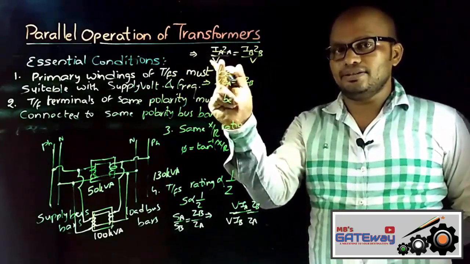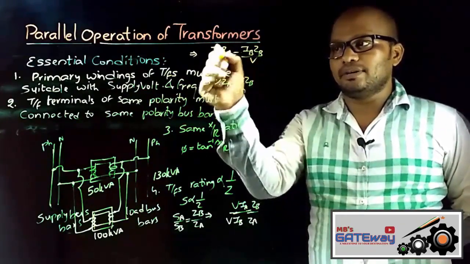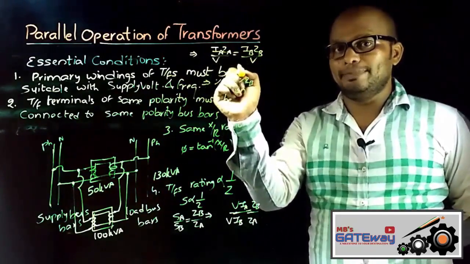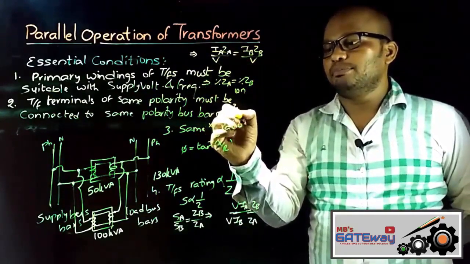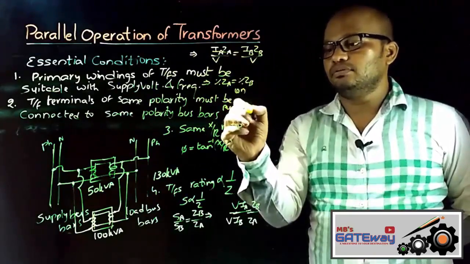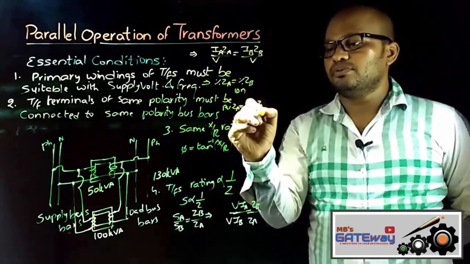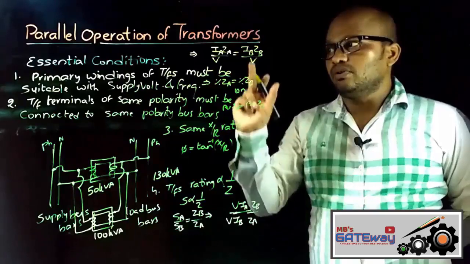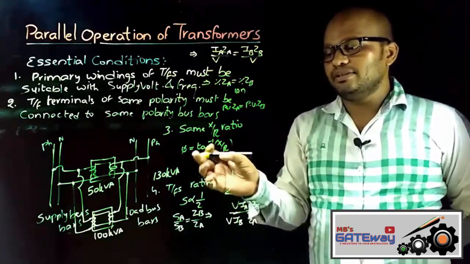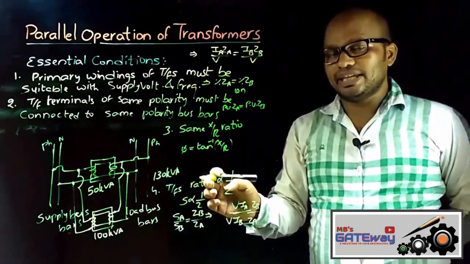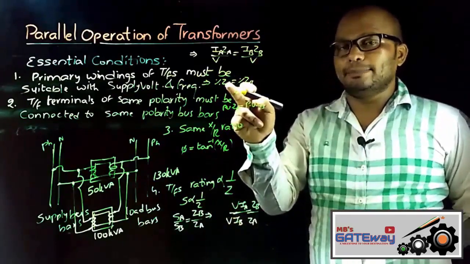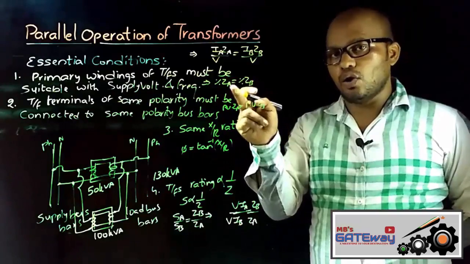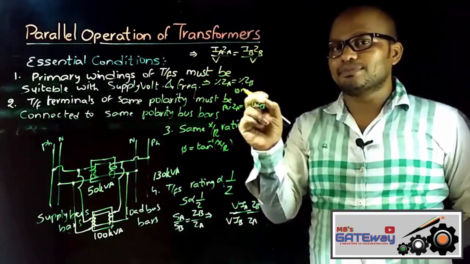So V by IA is impedance, and this will represent the per unit impedance. So you can write per unit impedance of transformer A is equal to per unit impedance of transformer B. So the fourth condition can be termed as either the transformer rating must be inversely proportional to their impedances, or their percentage impedances must be equal, or their per unit impedances must be equal.